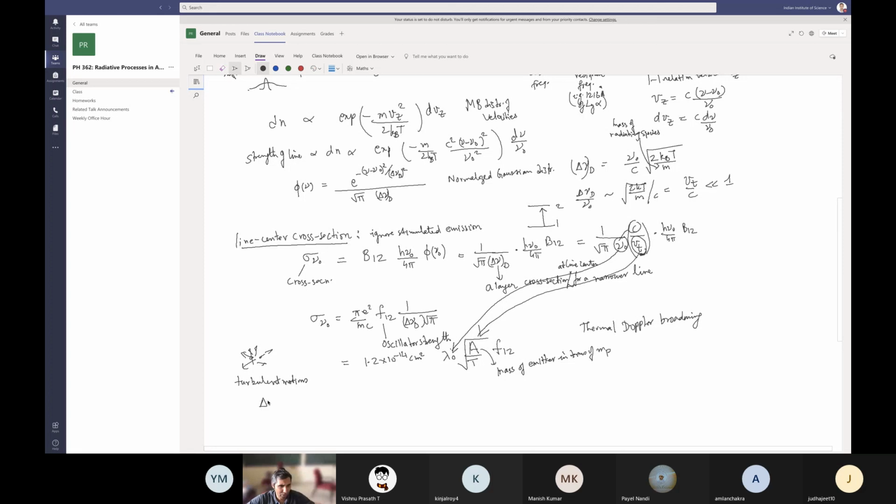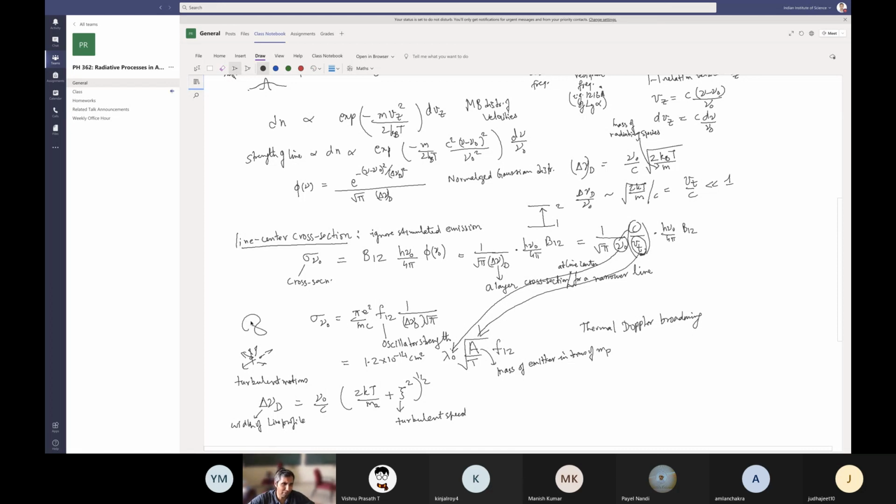In that case, the width of the line profile is equal to nu naught by c times the square root of 2kT by m, mass of the atom, plus z squared, and this z is the turbulent speed.